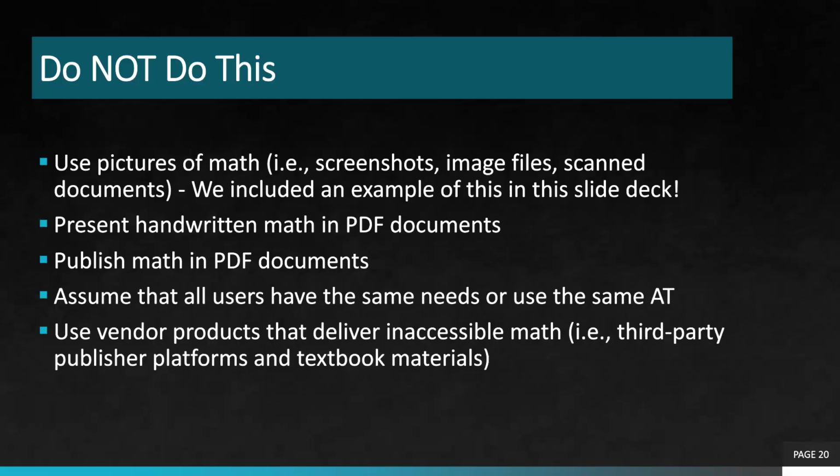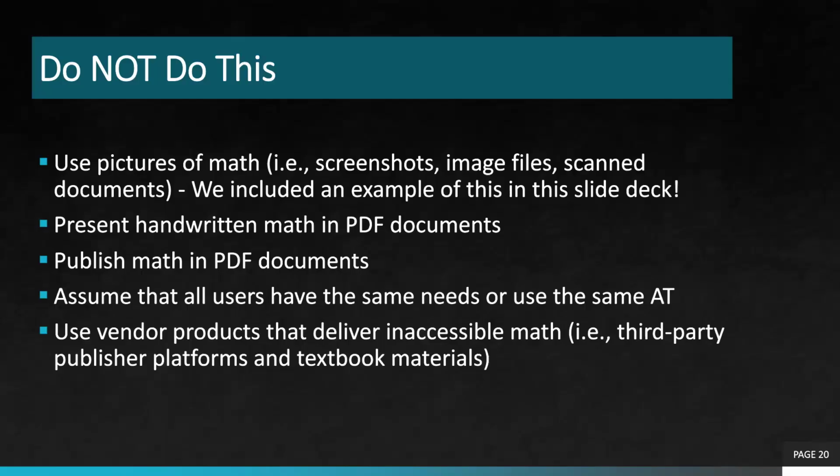Assume that all users have the same needs or use the same AT. Use vendor products that deliver inaccessible math content. Here we're talking about third-party publisher platforms and text materials. We all may be using a variety of different third-party publisher materials and textbooks. It's a little out of scope for Zach and I to go down this particular rabbit hole super deep right now.